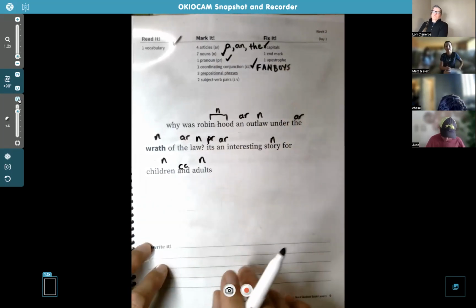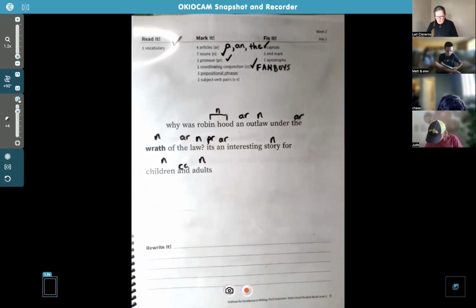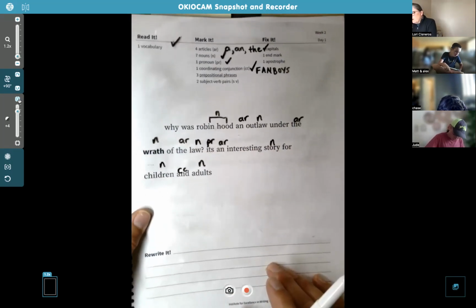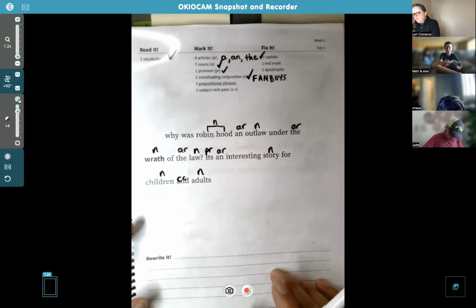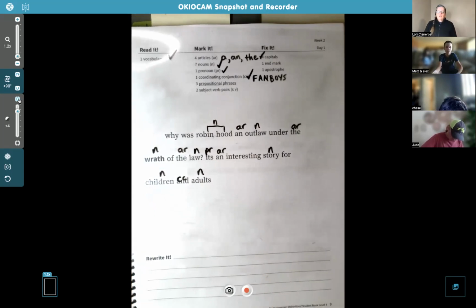Now we're on to prepositional phrases. Now, remember, we talked about that last week, and you guys marked your prepositional phrase page in the back of your book. So I'm going to have Matt start with one of those. Just find one. Remember, it starts with a preposition and ends on a noun. Can you tell me one of them? Going back to remind myself what a prepositional phrase is.